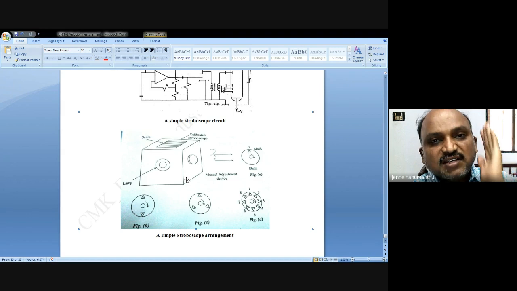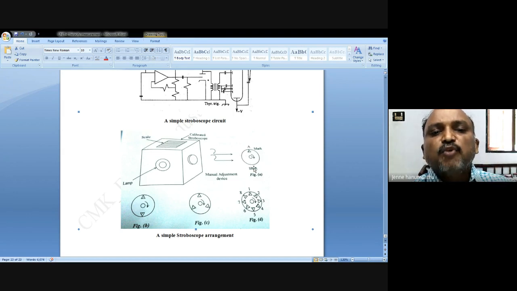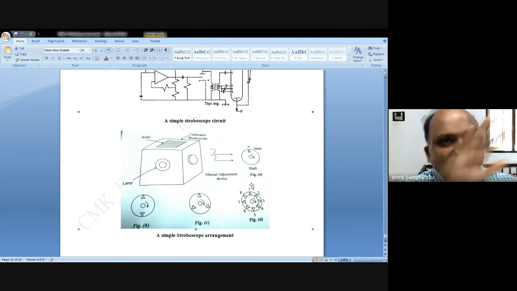You have to adjust the frequency of the device such that the marking on the moving body looks stationary, stable. But remember, originally the marking is not stable.